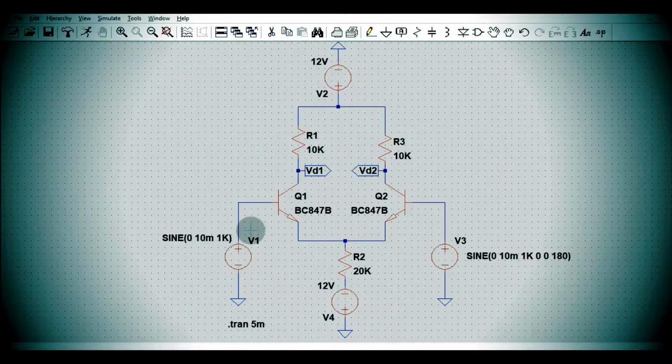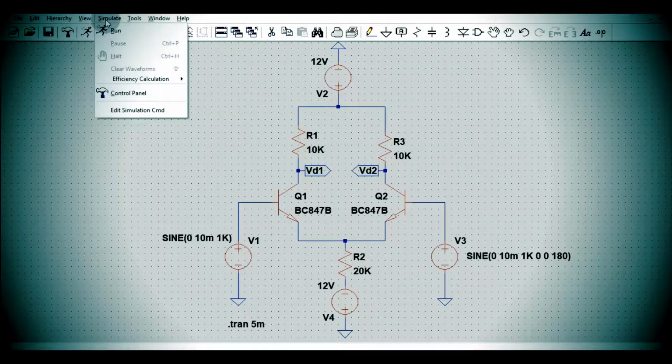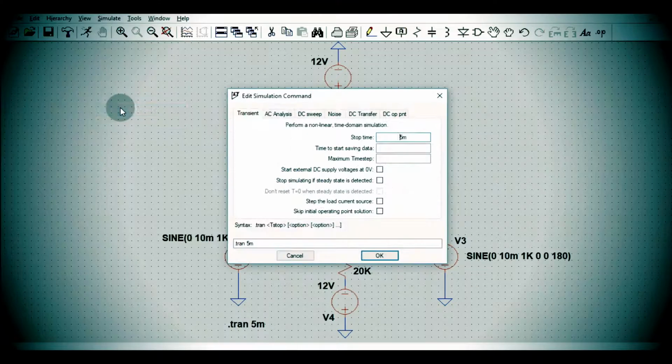I will run the transient command, and I will show you the output of this differential amplifier. So how will you run the transient analysis? You have to go to Simulate, then Edit Simulation Command.